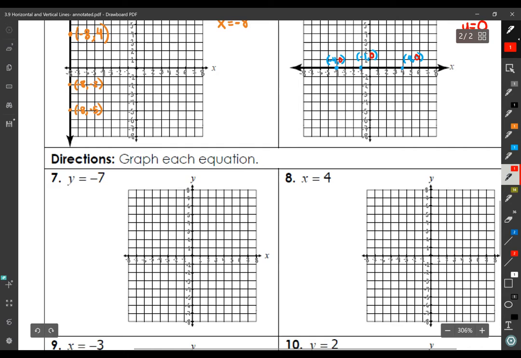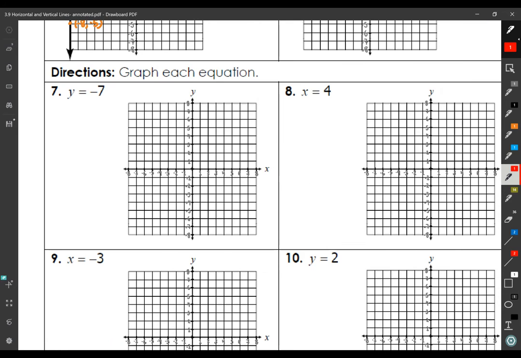Okay, let's graph a couple of these. So y is equal to -7. What I'm going to do is find -7 on my y-axis. That would be right here, -7 on my y-axis.